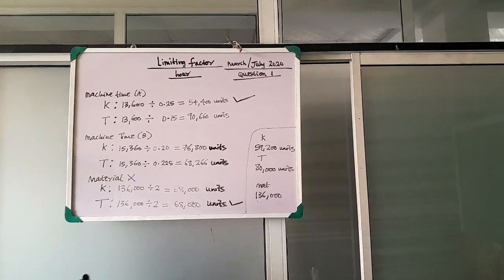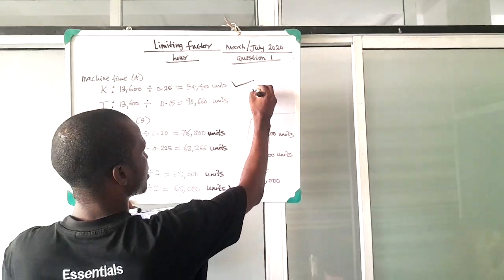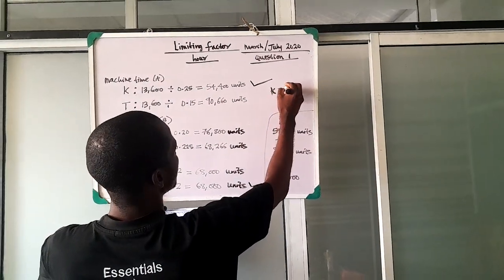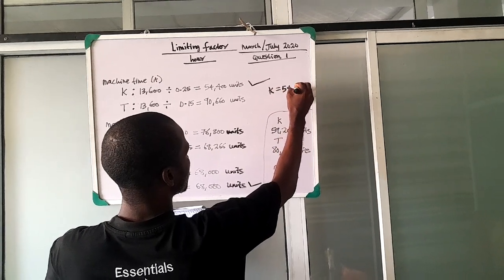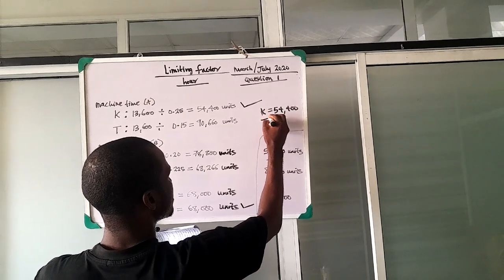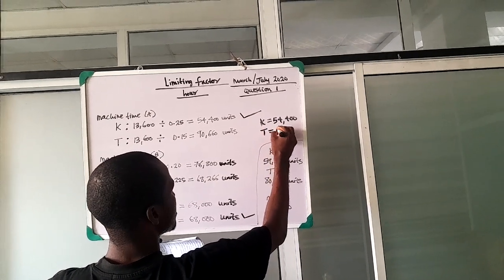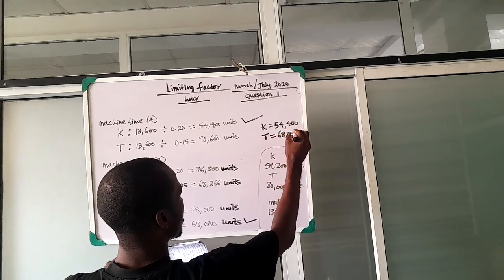So we'll be working with K equal to 54,400 units and T equal to 68,000 units.